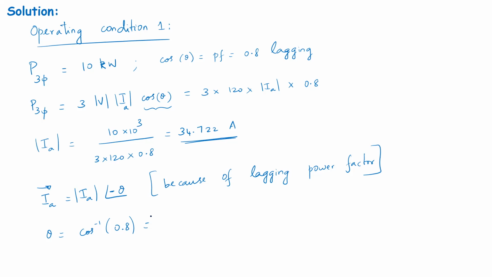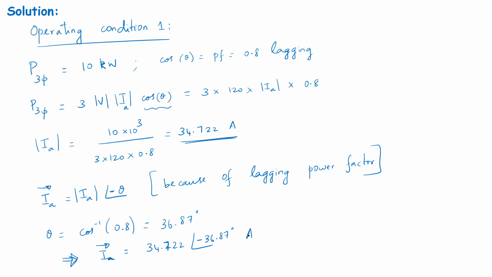Inverse cos of 0.8 is 36.87 degrees, which implies my IA phasor is going to be equal to 34.722 amperes at an angle of minus 36.87 degrees.